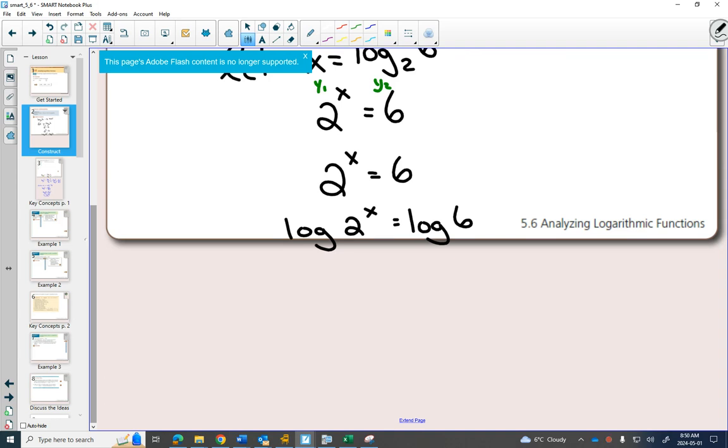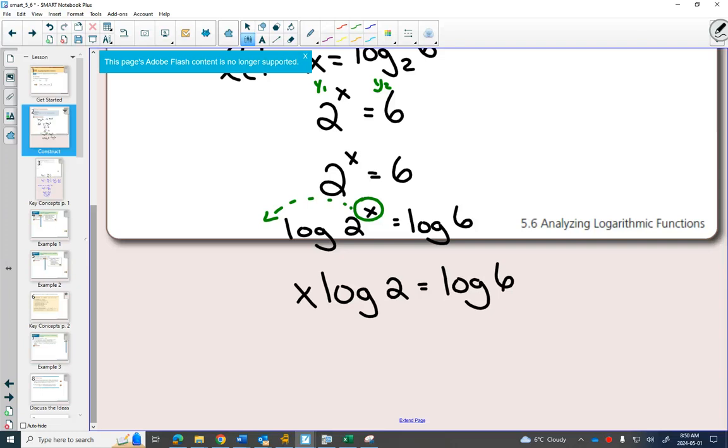And we learned a new log law that says, if you have an exponent inside a logarithm, what can you do with that exponent? You could bring it out in front. Well, if I bring it out in front, then my equation looks like this. And I have x times log 2 equals log 6.